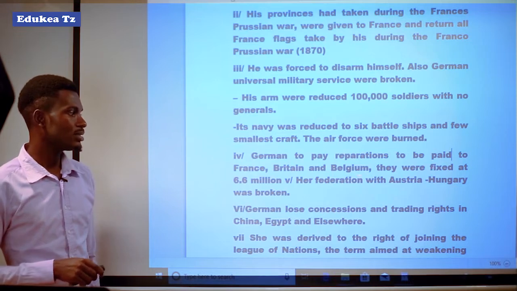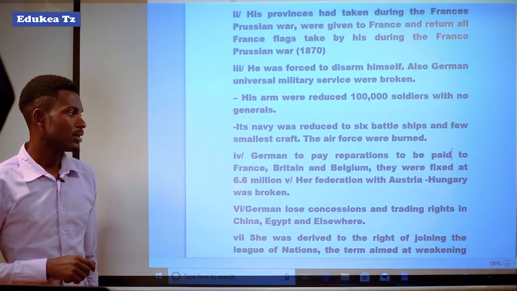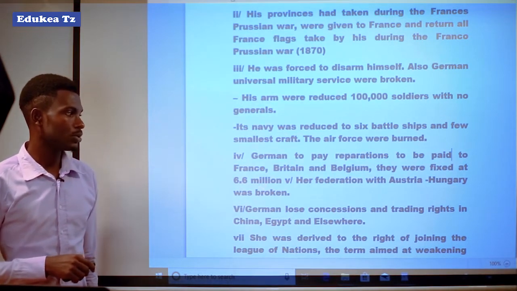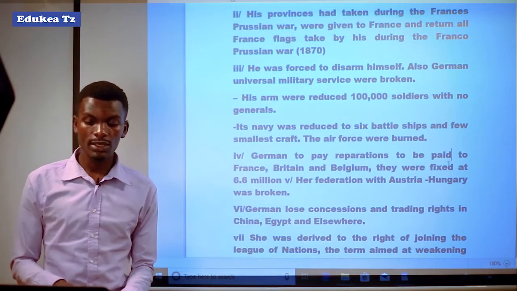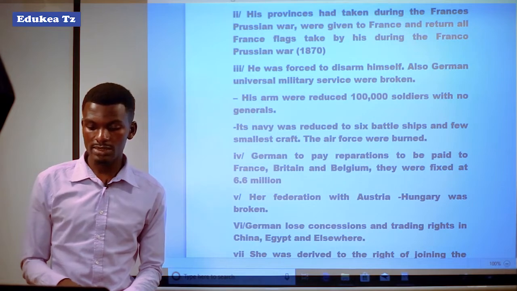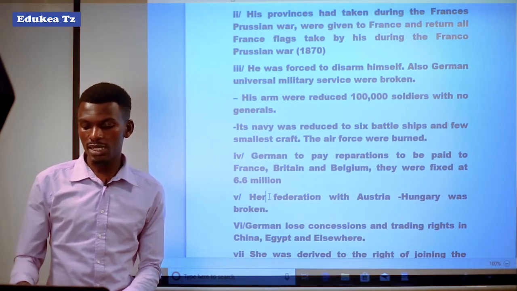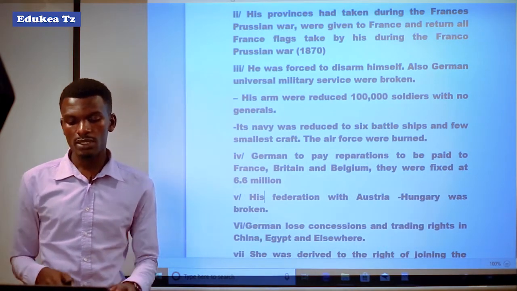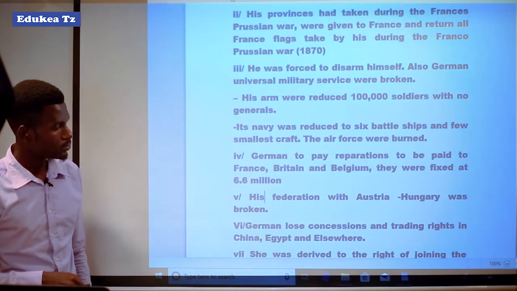They were fixed at 6.6 million. It means that all that money would be paid by Germany, as it was considered the cause of the First World War.